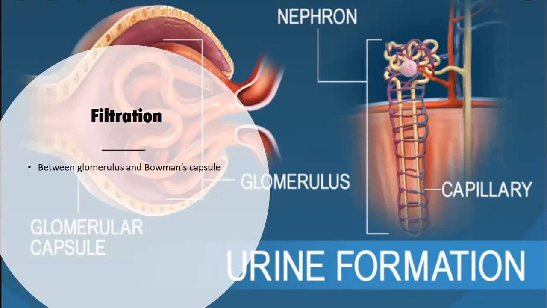Between the glomerulus and the Bowman capsule, the filtrate contains water, glucose, amino acids, and wastes.